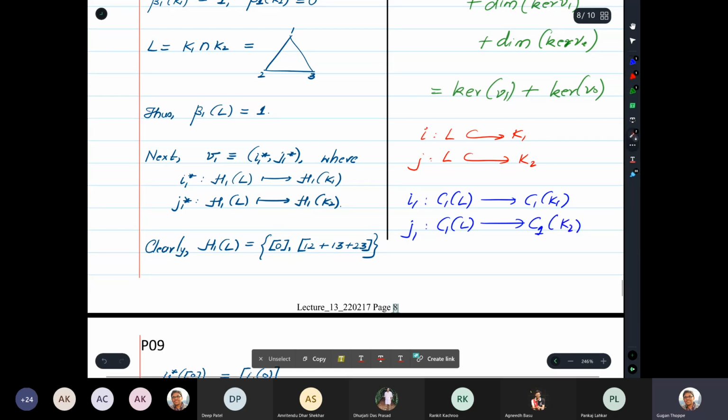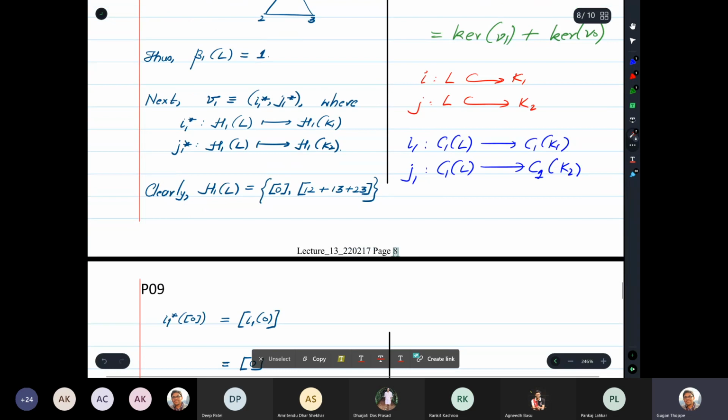So these are your vector space homomorphisms, and if you recall, whenever we have a vector space homomorphism, in particular whenever we have a chain map, we have an induced homomorphism which goes between the homology spaces, right? So we have to now figure out what is I1 star and what is J1 star.